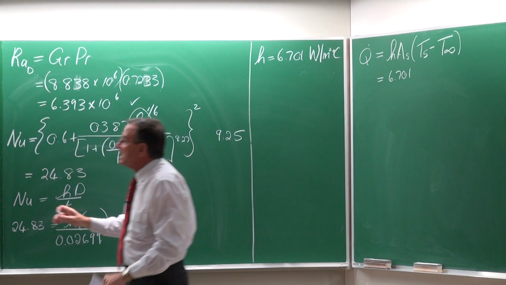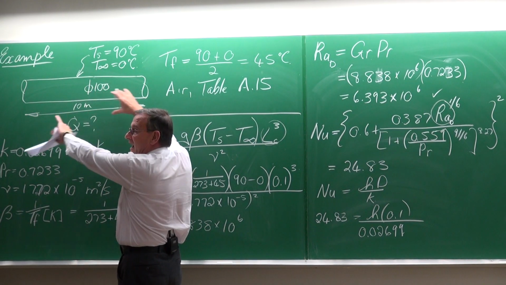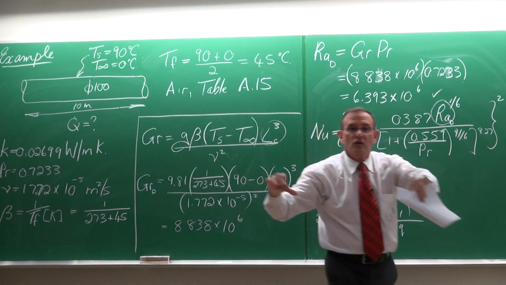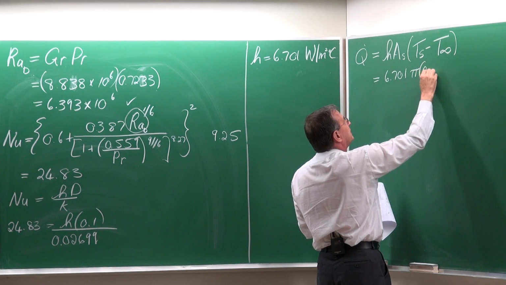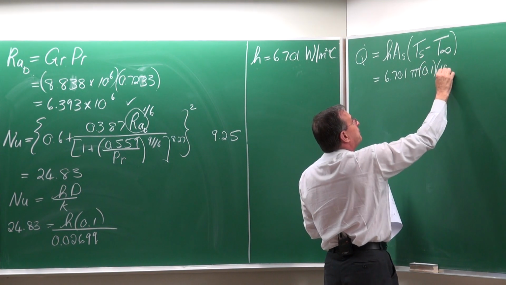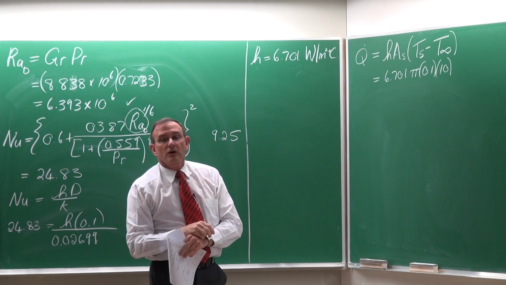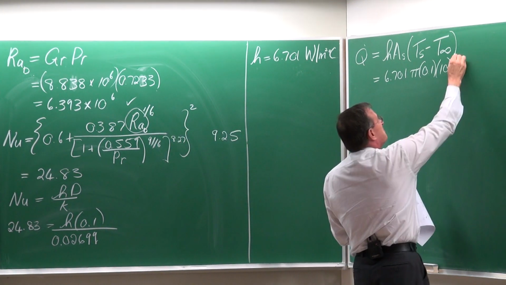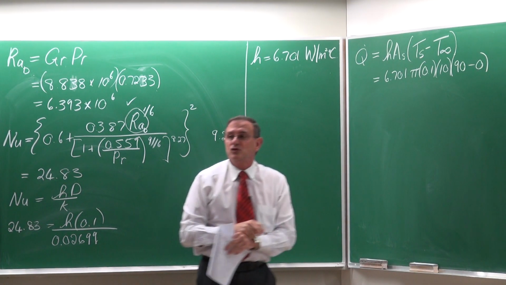The surface area through which the heat transfer is going to occur is the outside surface area of the pipe, and that is equal to pi multiplied by the diameter multiplied by the length of the tube, multiplied by the surface temperature, which is 90, and the environment temperature, which is equal to 0.